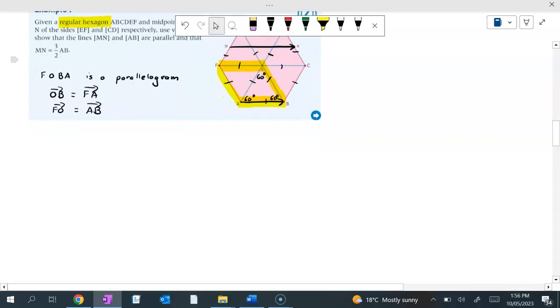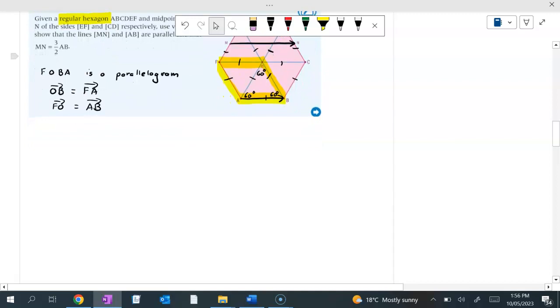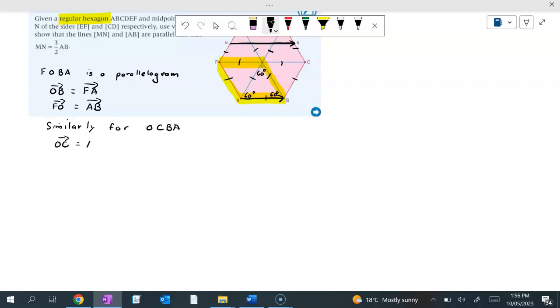And also, it's similar for OCBA. So OCBA is also a parallelogram such that OC is equal to AB.